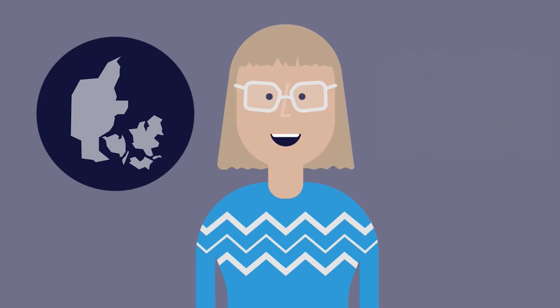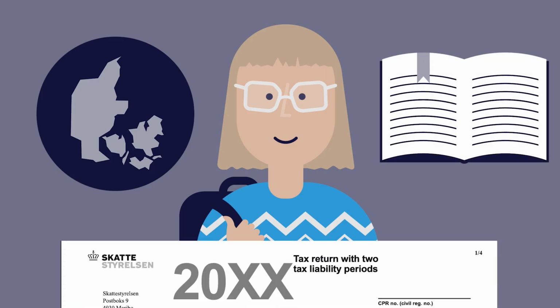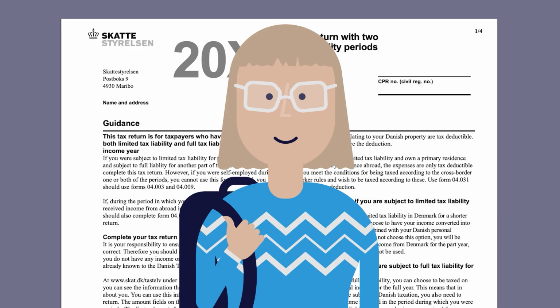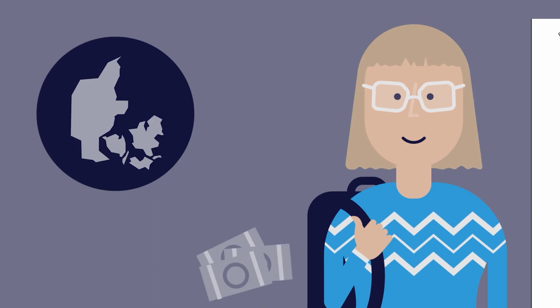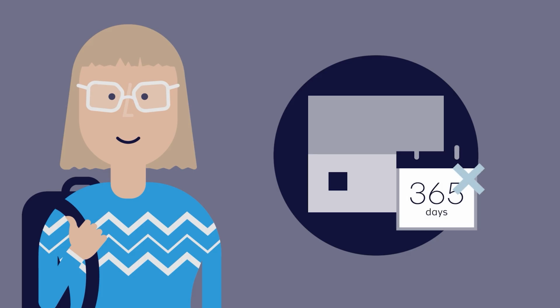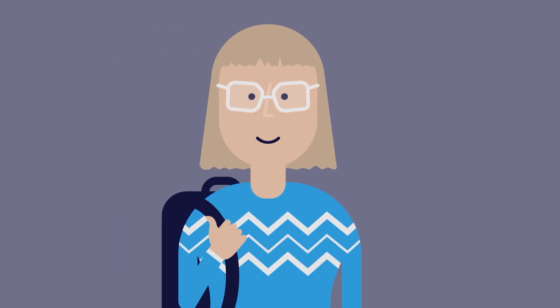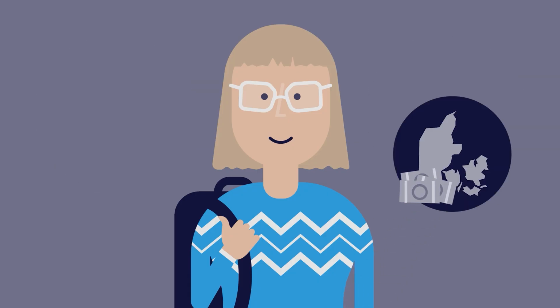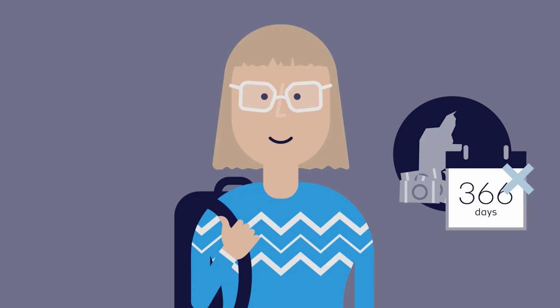You've come to Denmark to study and need to fill in this form. If you're covered by the special rules for students, you won't be fully tax liable in Denmark until you've been here for 365 days within a 2-year period. This also applies if you have a home in Denmark. Your full tax liability starts on day 366 of your stay.